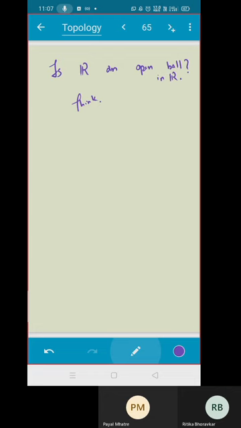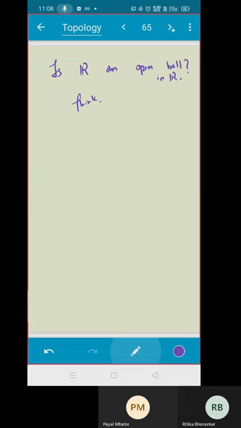Shreyas, I'll give you one hint. We have just now proved something. What is that? We have just proved that any open interval is an open ball, correct? So here you want to prove whether R is an open ball or not, and you are claiming that R is an open ball. So you just try to prove R is an open interval. Don't you see that will be easy?